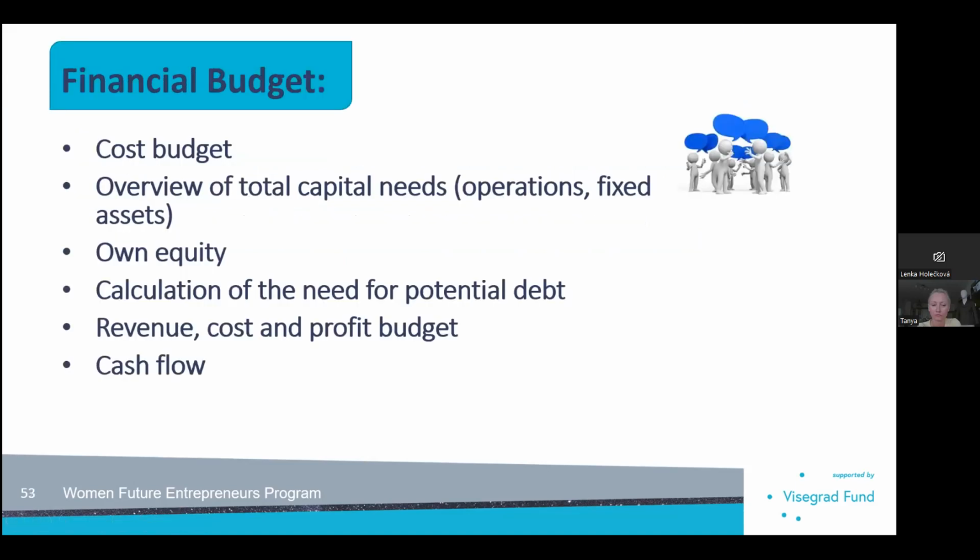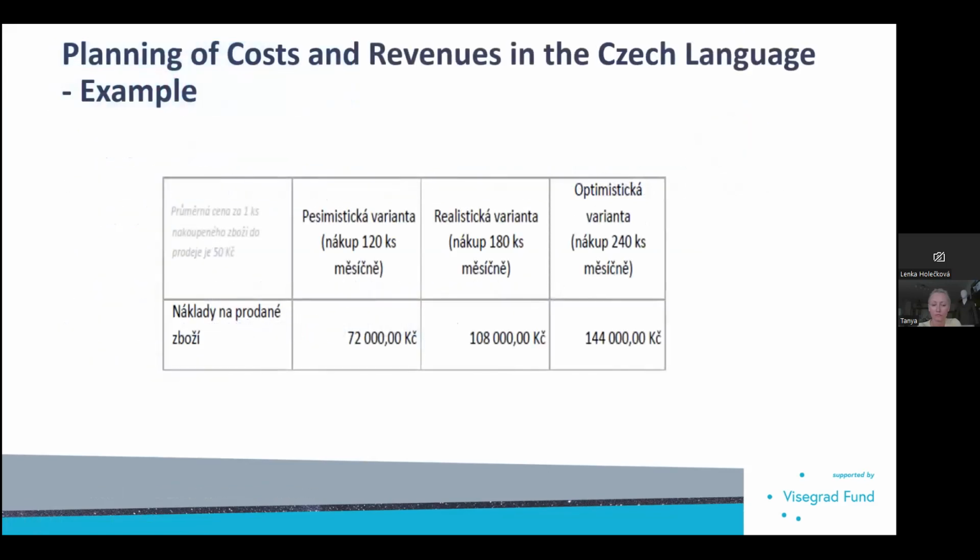I have here one example of a Czech financial plan. I have here in the Czech language some potential costs that are connected with the pessimistic variant. It's the first one, just 120 pieces a month that are sold. Then we have the realistic variant. It is in the middle, 180 pieces of our goods.